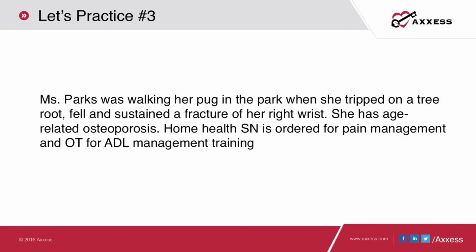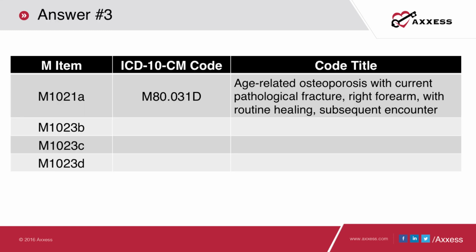Practice number 3. Mrs. Parks was walking her pug in the park when she tripped on a tree root, fell, and sustained a fracture of her right wrist. She has age-related osteoporosis. Home health nursing is ordered for pain management, and OT is ordered for ADL management training. In this case, you only have 1 code, M80.031D.